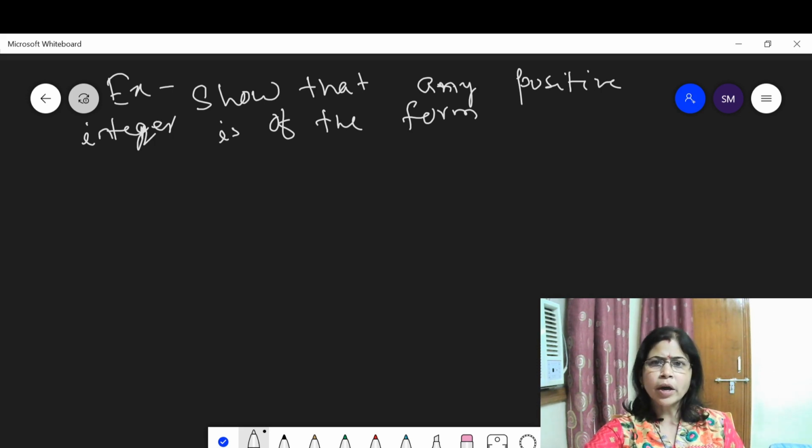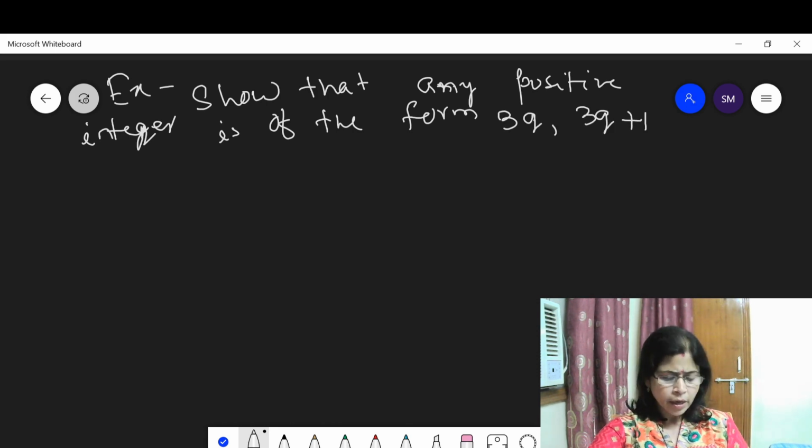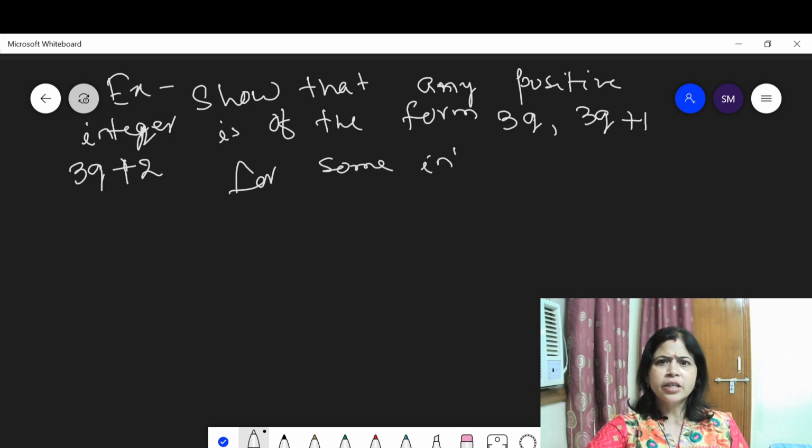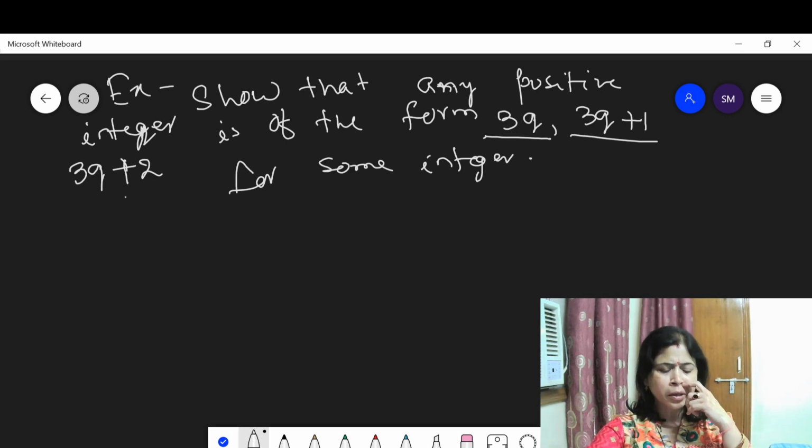Any positive integer is of the form 3q, 3q plus 1, 3q plus 2 for some integer q. Look at here, in the last question we said that any even number is of the form 2q and an odd number is of the form 2q plus 1. Here it says any positive integer can be of the form 3q or 3q plus 1 or 3q plus 2.